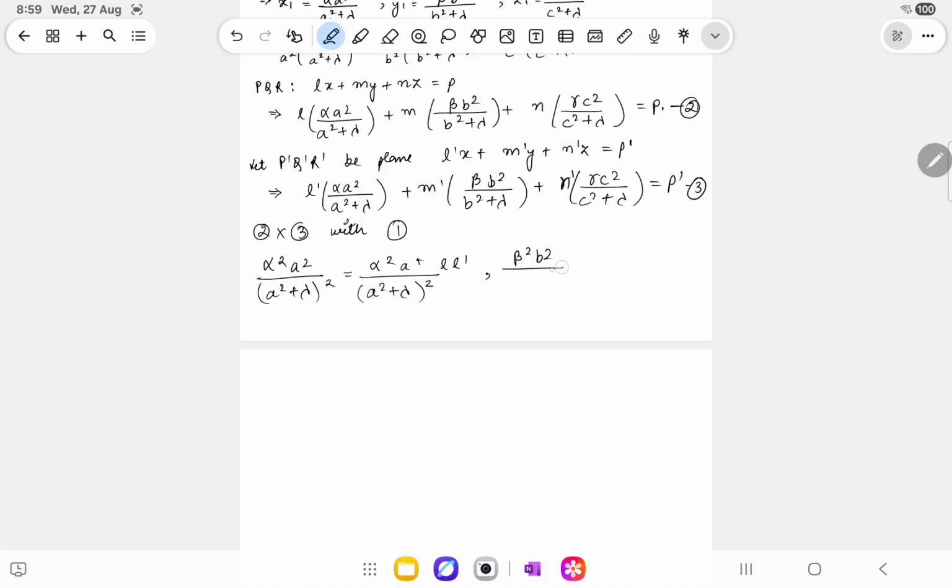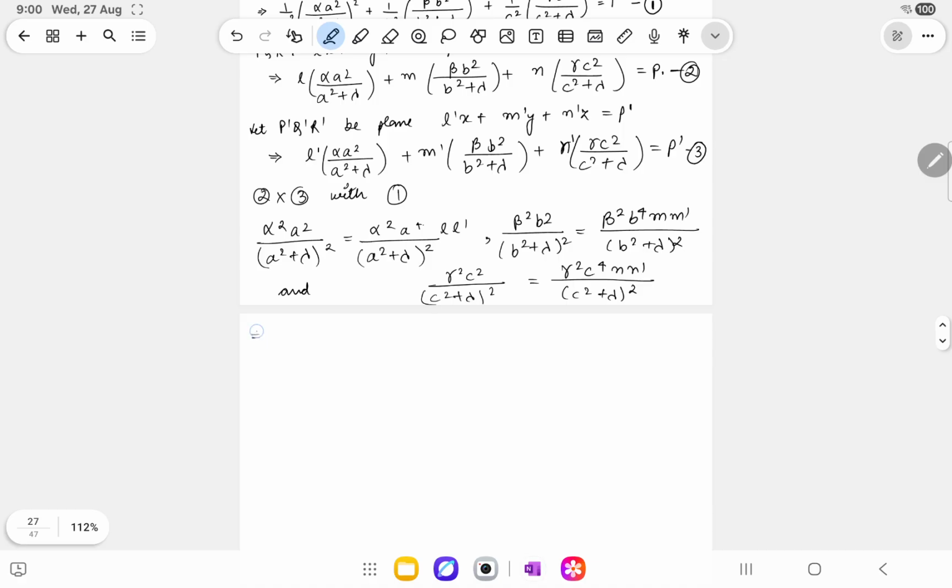b square upon b square plus lambda square is equal to beta square b raised 4 m dash upon b square plus lambda square, and gamma square c square upon c square plus lambda square is equal to gamma square c raised 4 n dash upon c square plus lambda square.